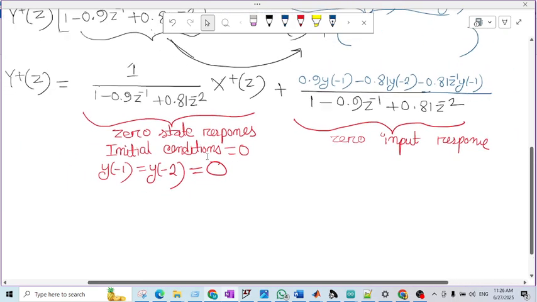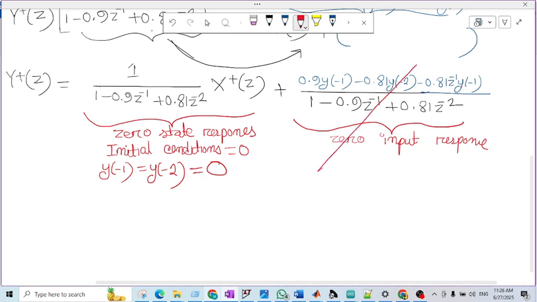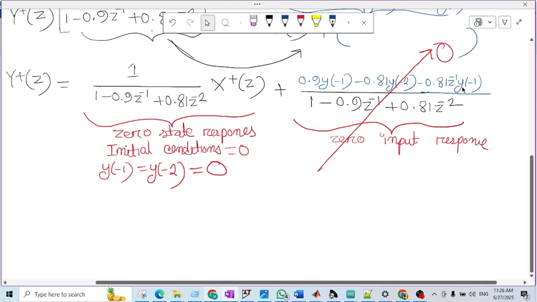And if you assume the initial conditions are 0, this term will be equal to 0, right? Because this will become 0, then this and this term will become 0, all the terms will become 0. So if initial conditions are 0, you only get the first term, so Y will be equal to only the first term. So this is called the zero state response.